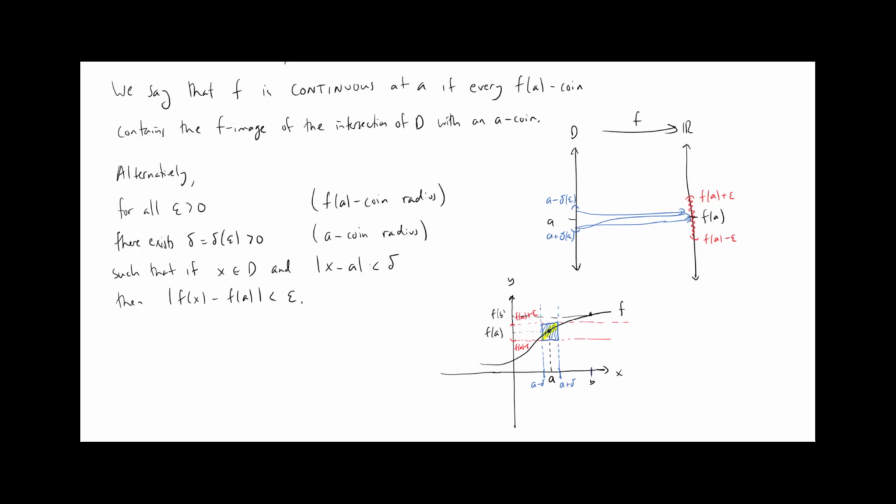There's my f(b). And if I drew these red dotted lines around f(b), maybe it's going to look something like this now. And I say, okay, I need to stay within here. So how wide, or how narrow, if you like, do I need to make my rectangle so that everything stays inside?